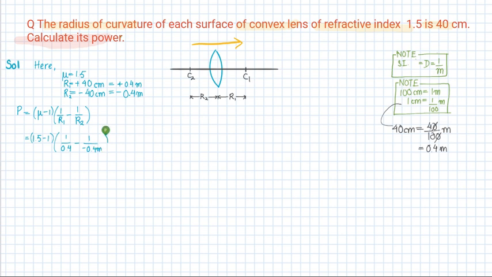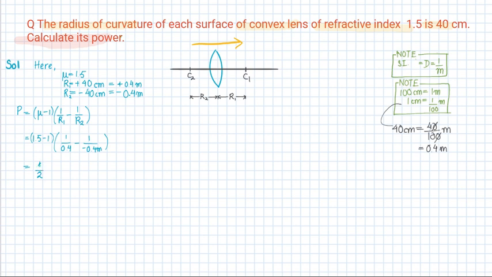Now, how much is 1.5 minus 1? 1.5 minus 1 is 0.5. Now, 0.5 can also be written as 1 by 2. So, instead of writing 0.5, I'll write 1 upon 2.